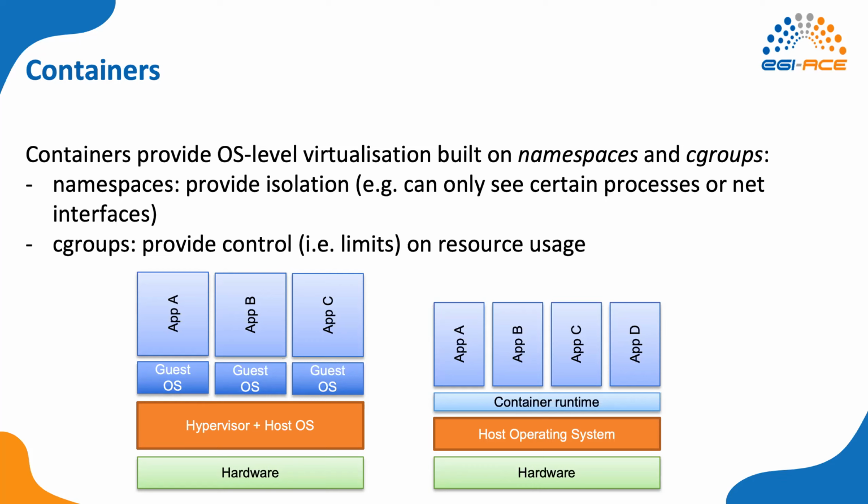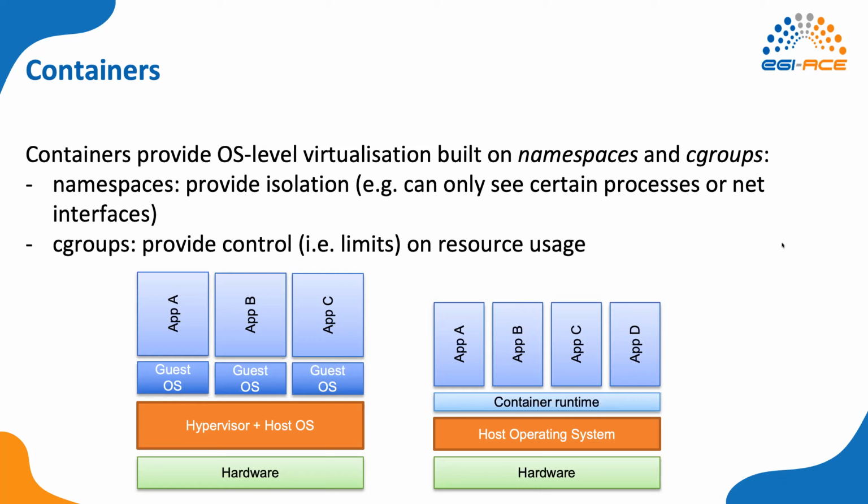So namespaces provide isolation. And then cgroups provide control, meaning limits on resource usage. For example, I can say this container, the process and whatever it has with it, can only use 1% of the CPU, or 2 gigabytes of RAM, whatever limits you want to put.